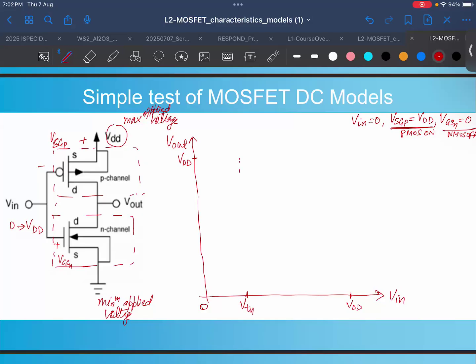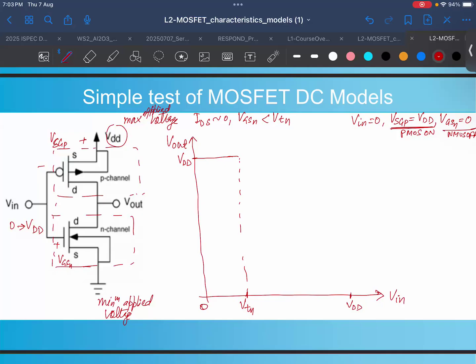Till that point, the output voltage remains nearly VDD. We are assuming the current is nearly 0 when VGSN is less than VTN, because there is no leakage, or nearly zero leakage.